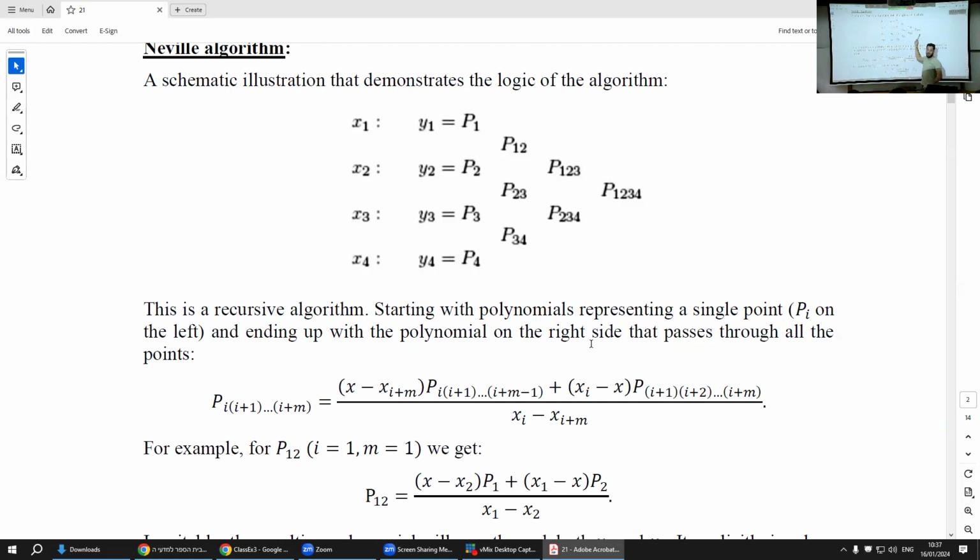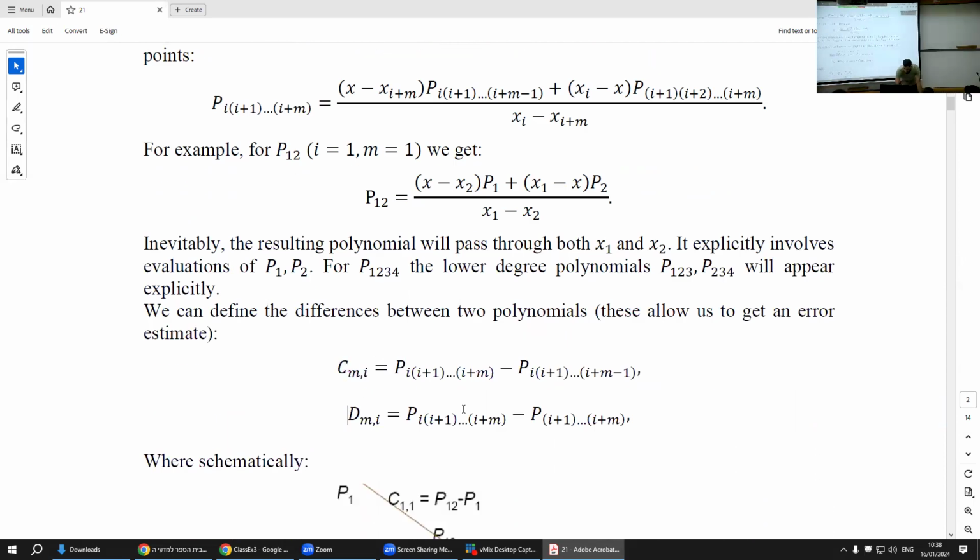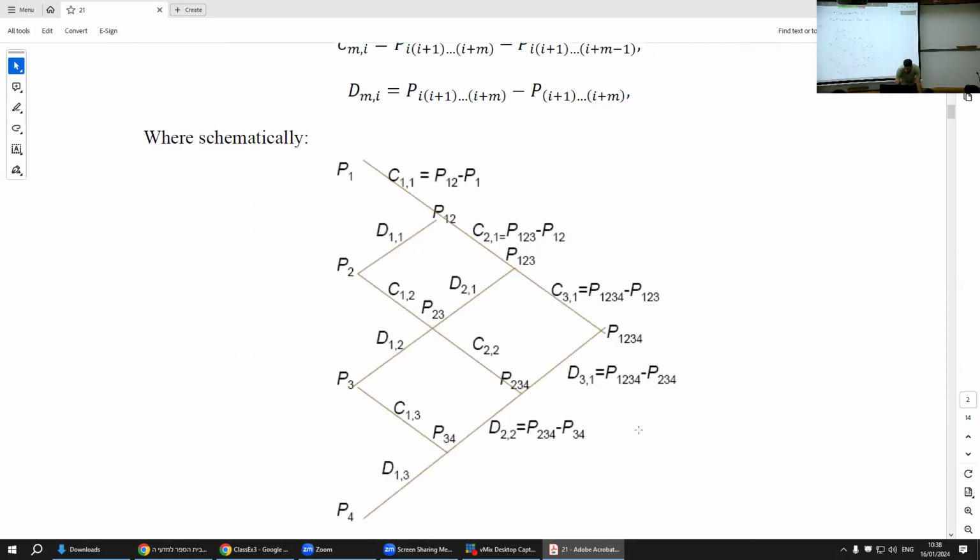Okay, and the question of whether to add points from above will be answered by the differences in this line. Okay, so these differences I call the C's, and these differences I call the D's. Okay. So that's the C's, that's the D's.